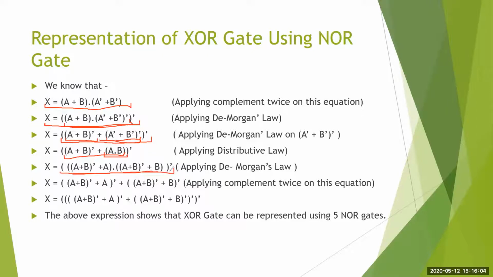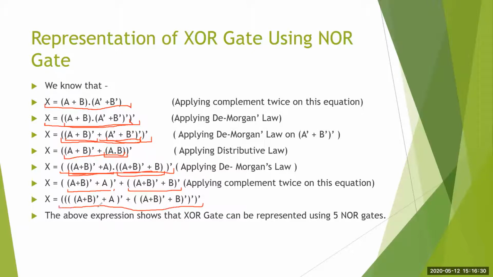Then again we can apply De Morgan's law, taking one of the terms equal to this and the second term equal to this, and then we get (A plus B) complement plus A and then its complement, then (A plus B) complement plus B and then its complement. Then again we can apply complement twice on this equation to get the below expression as a result.